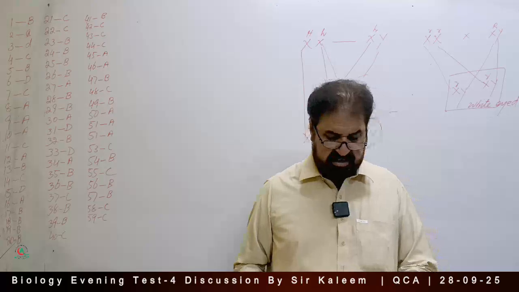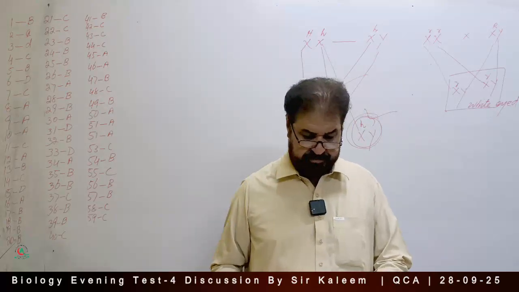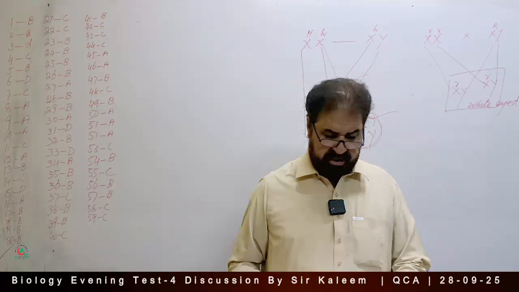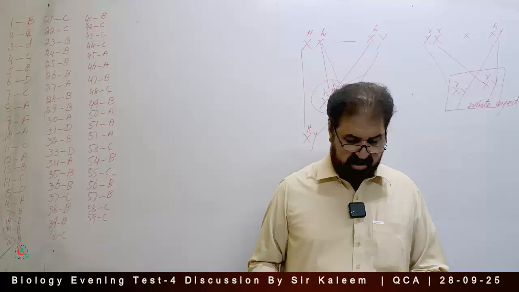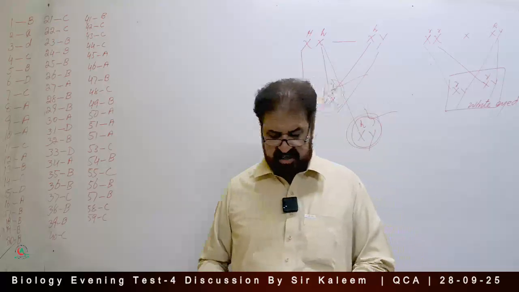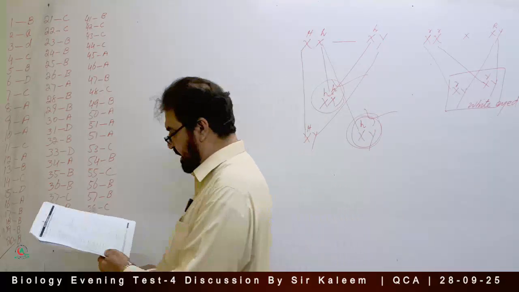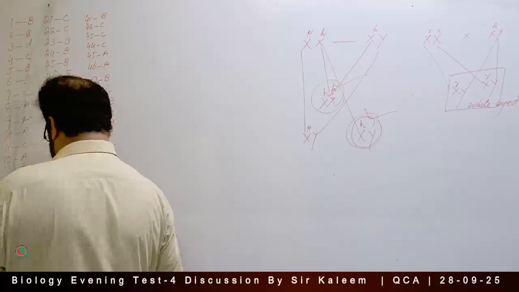Which of the following increases heat production? Shivering, exercise, thyroxine. All of these are correct because all increase heat production in the body. In question number 60, option D is correct.